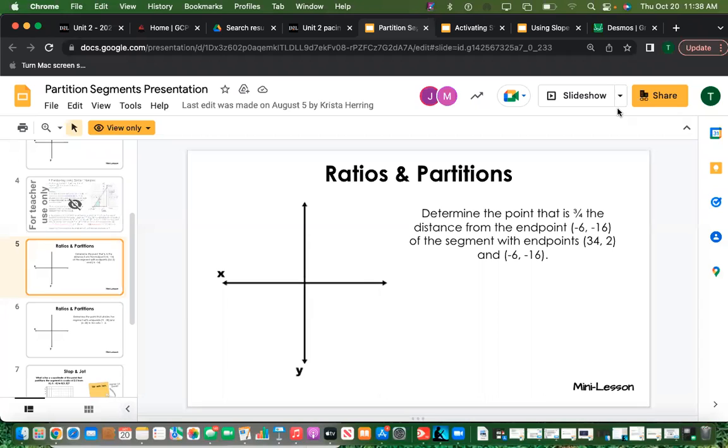Take a second, write that out. I would, just so it kind of makes a little sense.